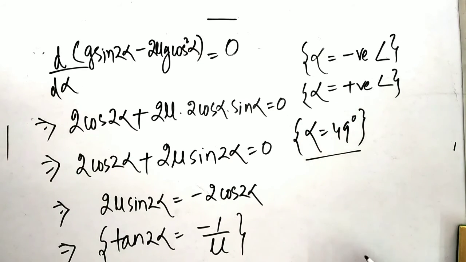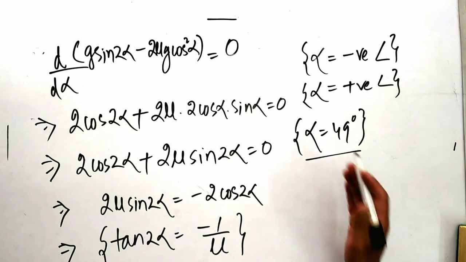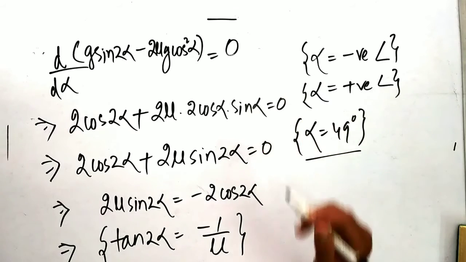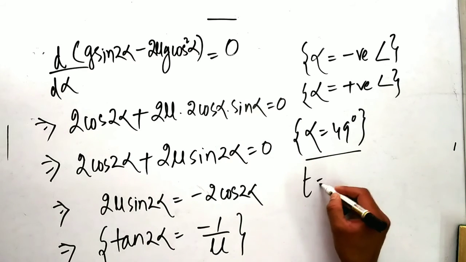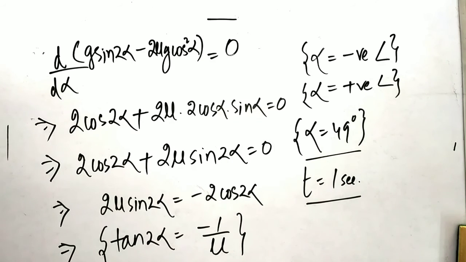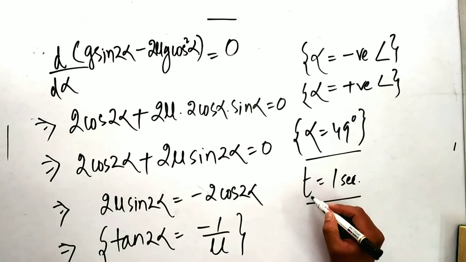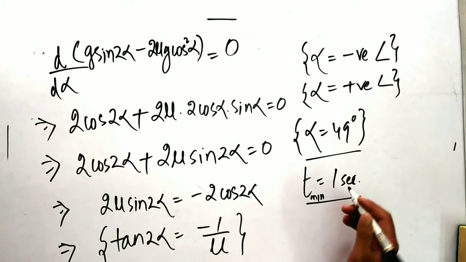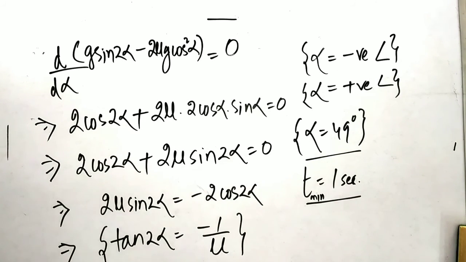Now at alpha equal to 49 degrees, put this value in the expression of t and you'll get the minimum time, which comes out to be 1 second, if I remember it correctly. So this is the end of the solution. Minimum time required was equal to 1 second. Alpha, the angle at which the time is minimum, is 49 degrees.